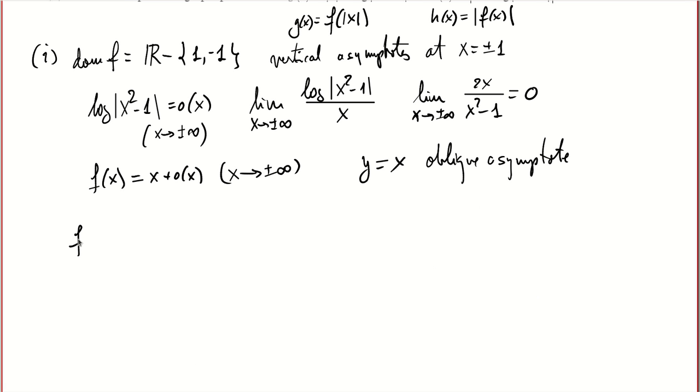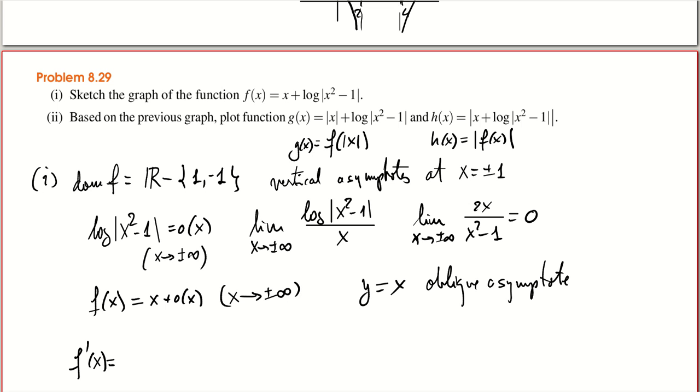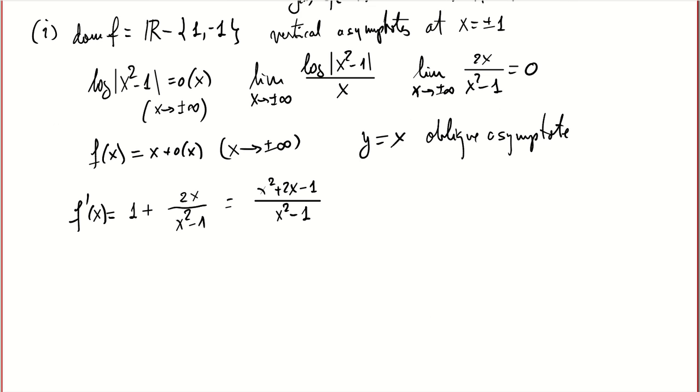So the derivative of the function can be done everywhere, because all functions here are differentiable except at the point where the function itself is not defined. And it is equal to 1 plus 2x over x squared minus 1, which is x squared plus 2x minus 1 over x squared minus 1. Well, obviously, this derivative is not defined at plus or minus 1.